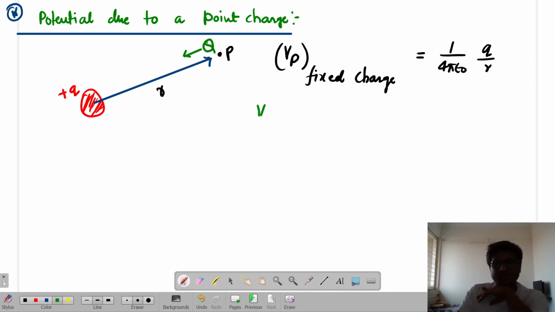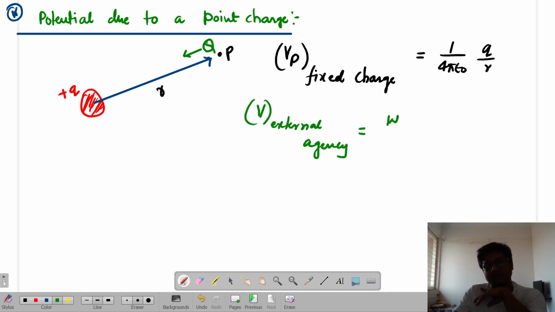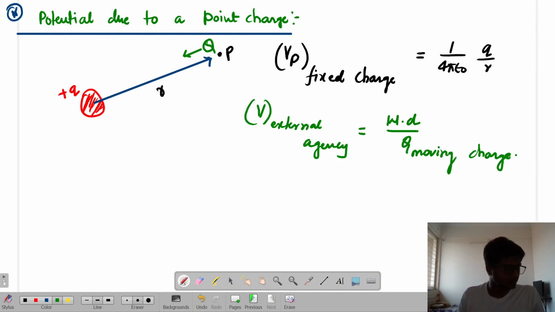That particular potential of our external agency or capital Q should be exactly equal to the amount of work done by moving the charge. Are you able to get me or not? Is that clear?